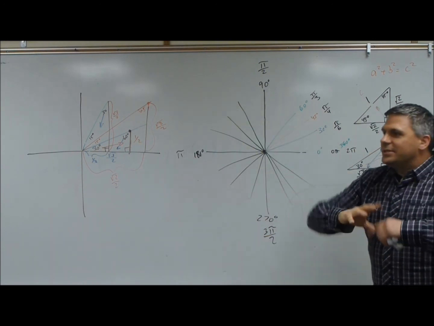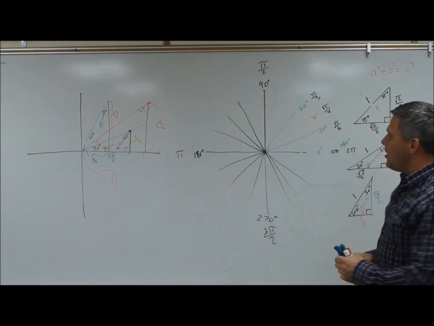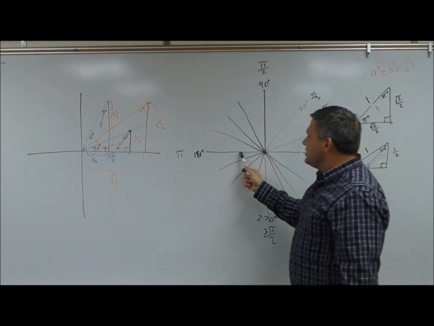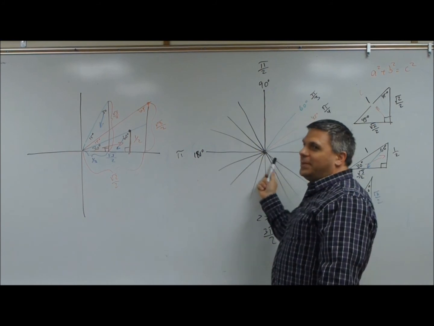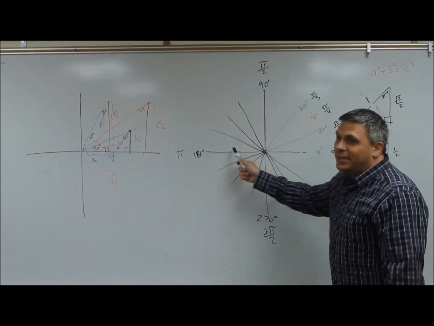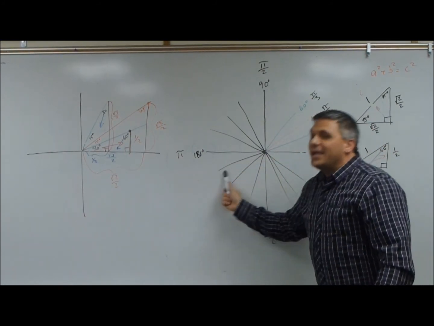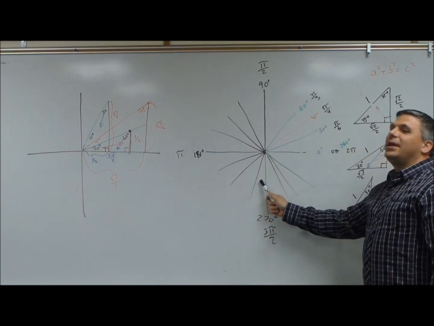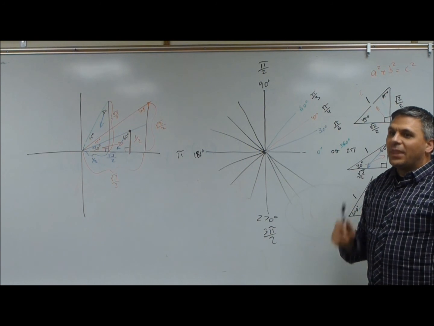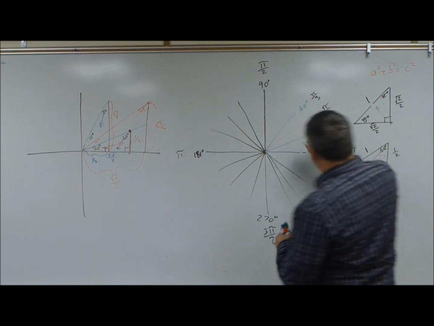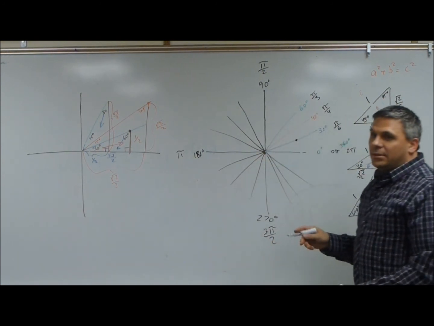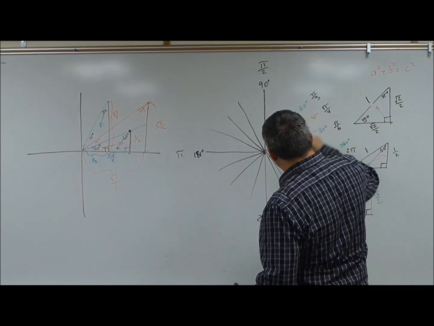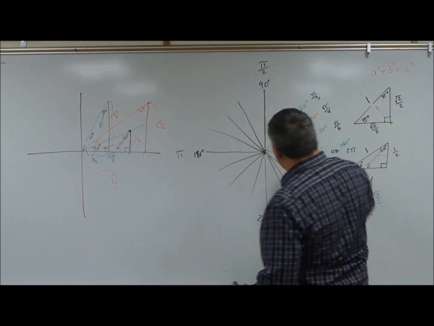But if you want, you can take a look at that and kind of see how, oh, this is going to be a positive height. This is going to be a positive length. This is going to be a positive height, but it's going to be a negative length. This is going to be a negative height with a negative length. And this is going to be a negative height with a positive length. And your x and y coordinate on here is going to be positive, because this is our y and this is our x.